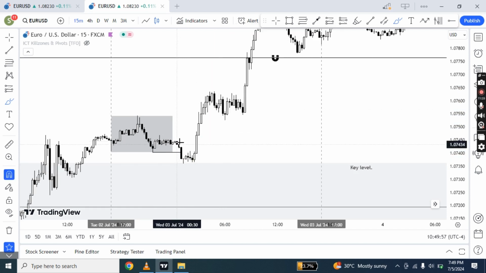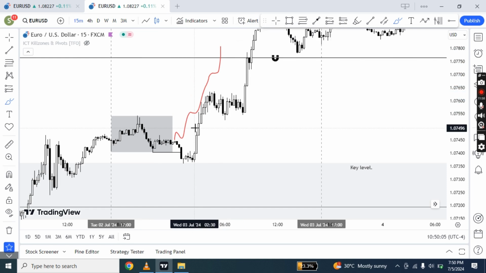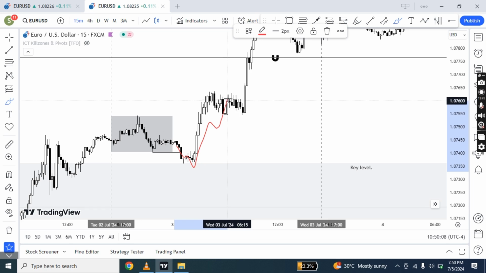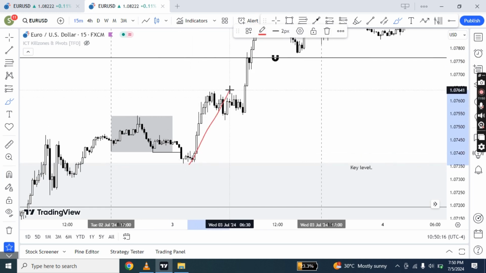So based on that logic, we're going to exclude the idea of expecting an expansion profile right away, because we haven't yet tested any key level whatsoever. So therefore we're going to expect a manipulation profile first, so that price tests a key level, and after that the only possible outcome for us is going to be an expansion profile in the opposite direction, right?